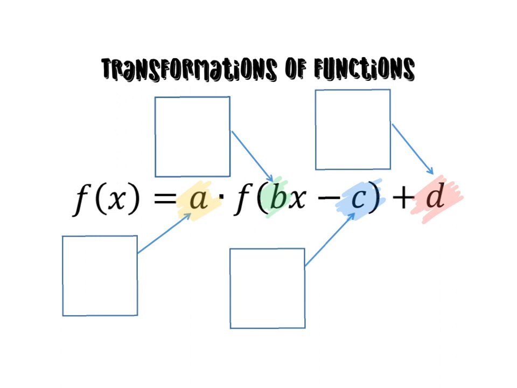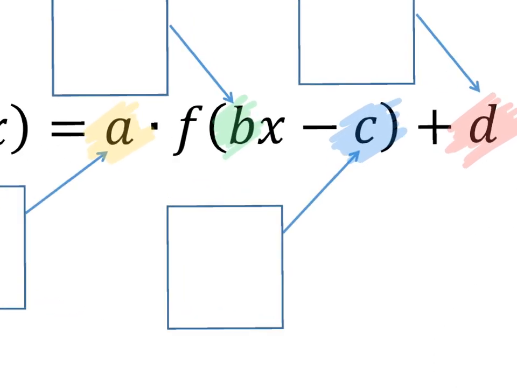So the first thing we learned was talking about translations, sliding the graph. The C inside tells us if we are sliding it to the left or to the right. So this is a translation left or right.